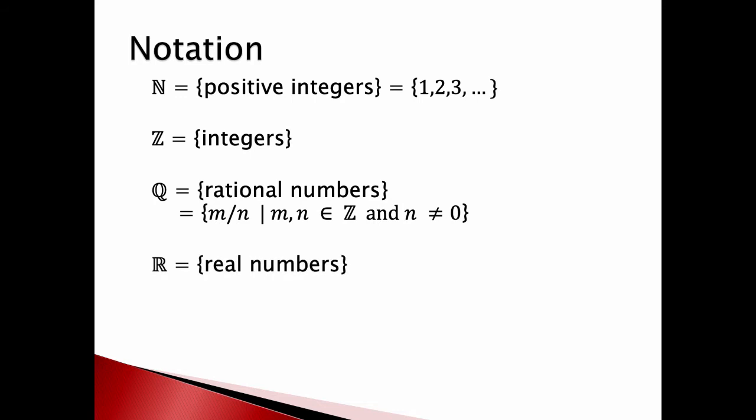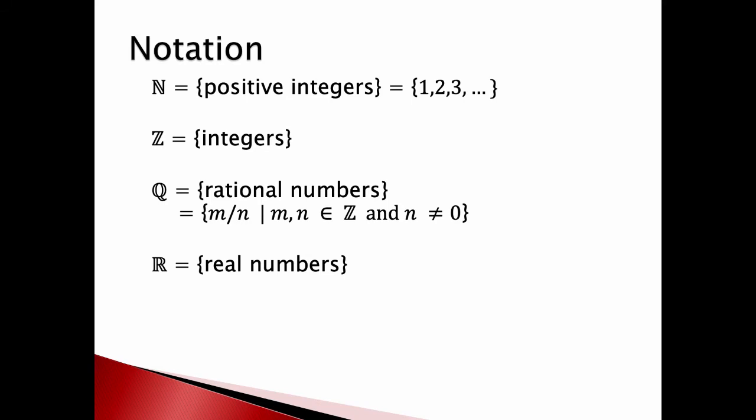Blackboard bold R stands for the set of all real numbers. So what's a real number? Well, that includes the rational numbers, but it also includes anything you can write with a decimal. That's maybe the best way to say it. You do have to be careful because the number 0.99999 that keeps going forever is actually equal to 1.